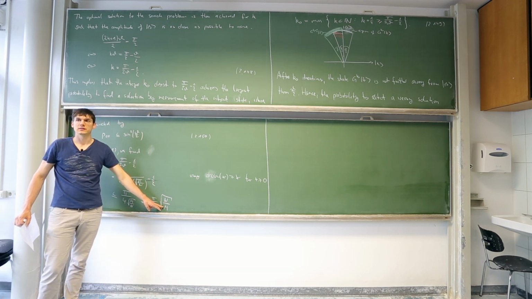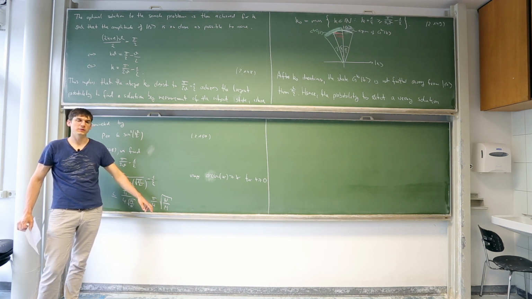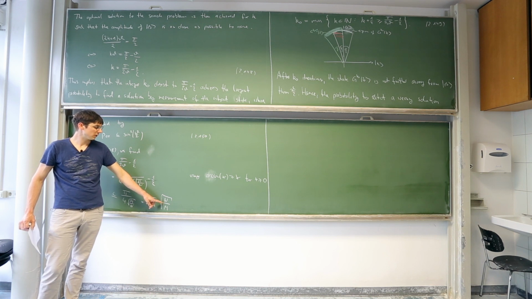Okay, and this tells us that we have to perform this Grover iteration, meaning we have to call the oracle at most square root of n over m times.